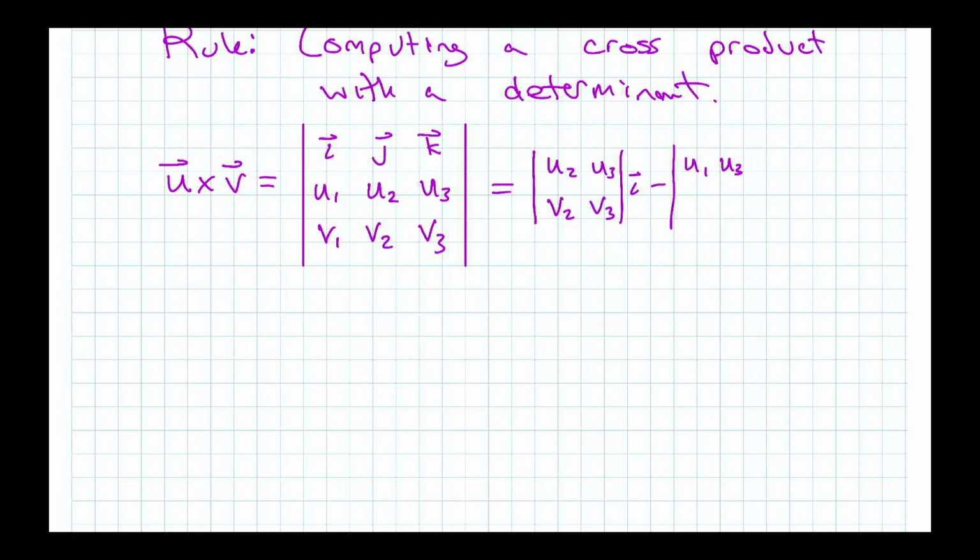I don't want you to think that I'm saying every time you do a determinant, the middle one is negative. U's and V's, ones and threes, i, j, and then plus the last one, u1, u2, v1, v2, k.